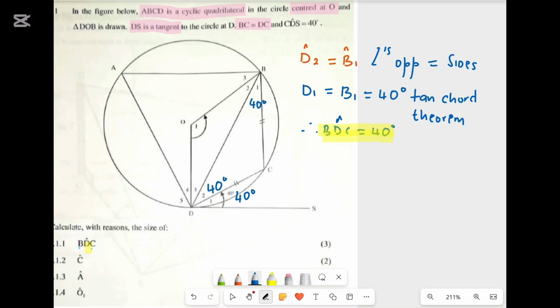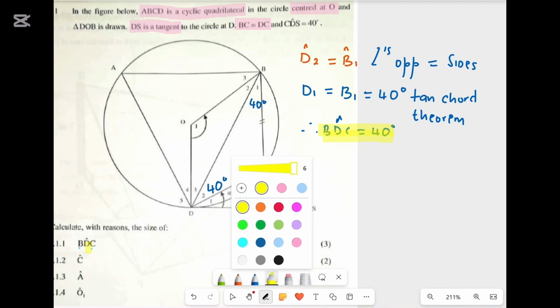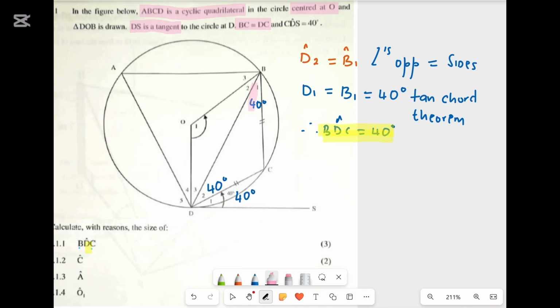Now, the question that follows, calculate angle C. You see that angle C is in this triangle. So already we do have two angles.